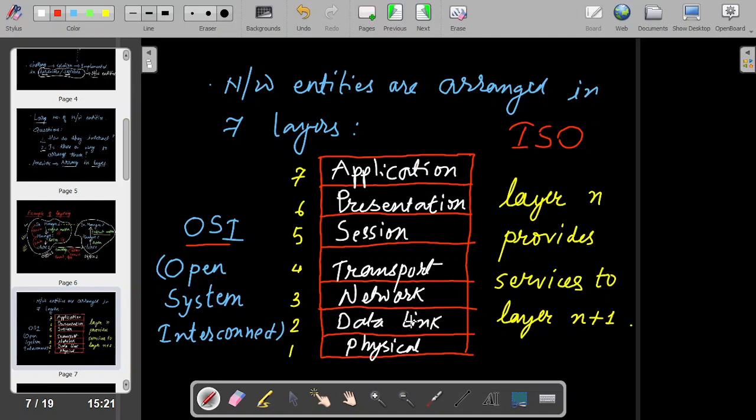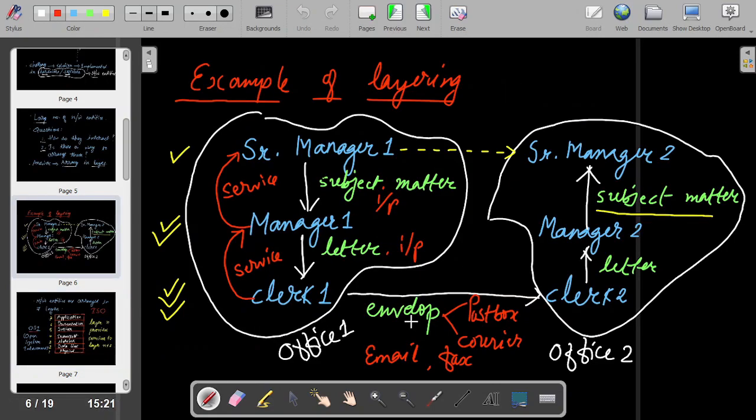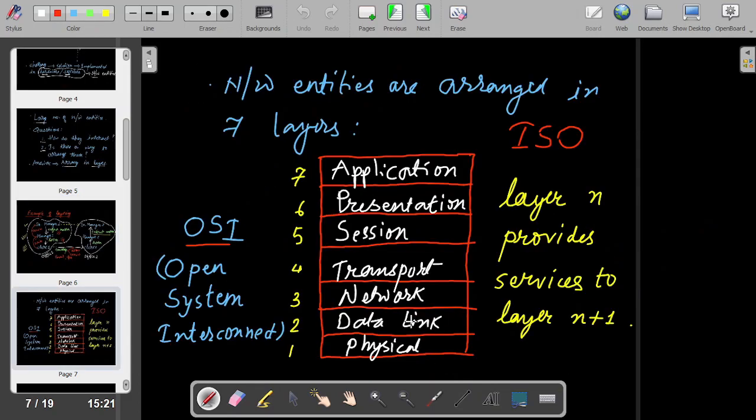But now, given this example of communication between two managers, you must be able to visualize that application layer is going to use services of presentation layer. Presentation layer will use services of session layer, and so on. In other words, physical layer will provide service to data link layer, which will provide services to network layer, and so on.